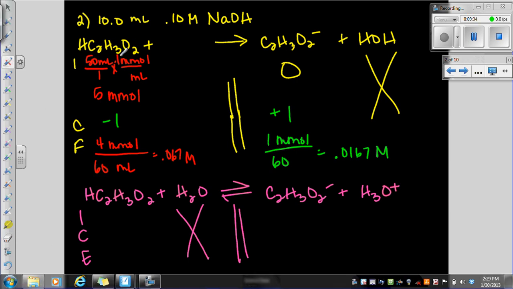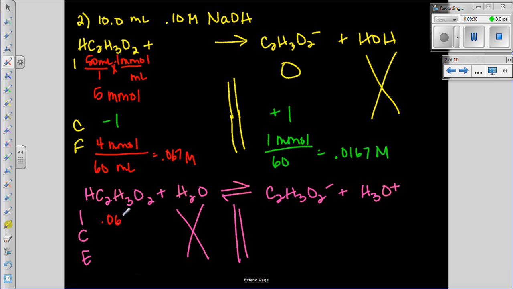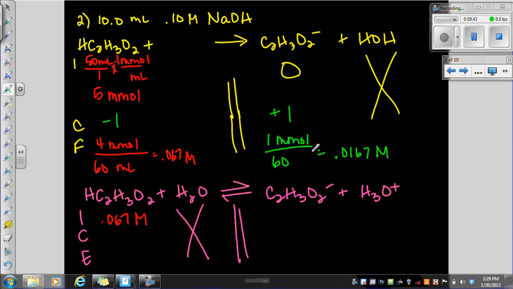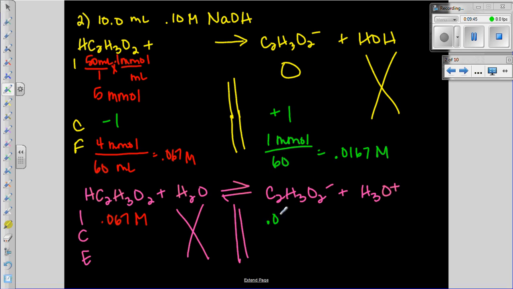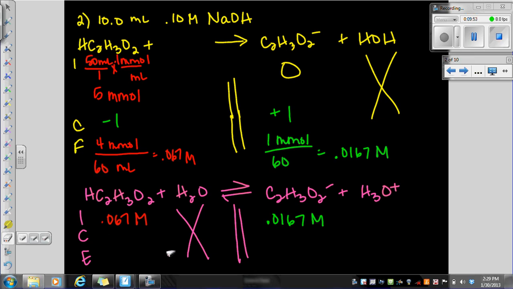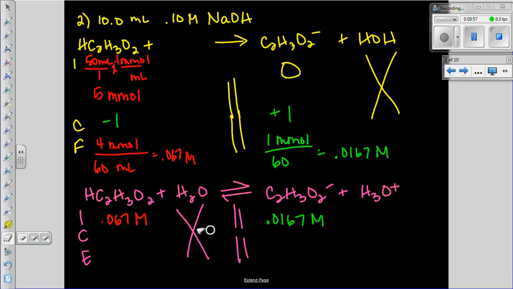I have the acetic acid, which is 0.067, and I have the conjugate base, which is 0.0167 molar. Now at this point I have a choice. I can do Henderson-Hasselbalch, or I can do an ICE chart. I'm going to do Henderson-Hasselbalch just because it's easier and faster at this point.